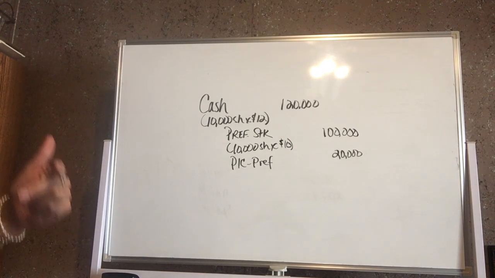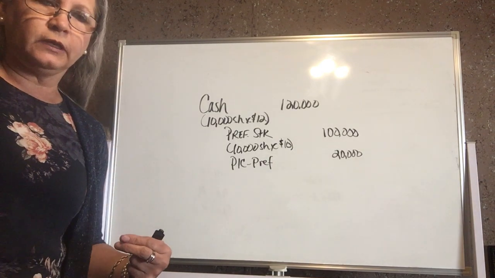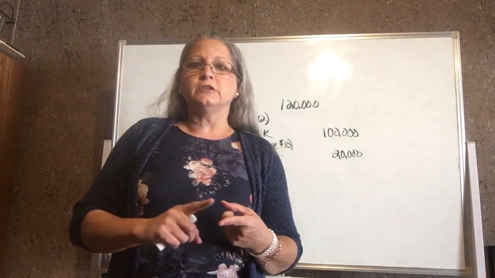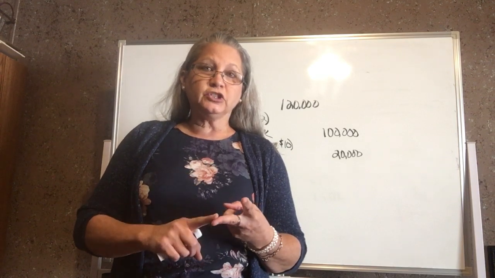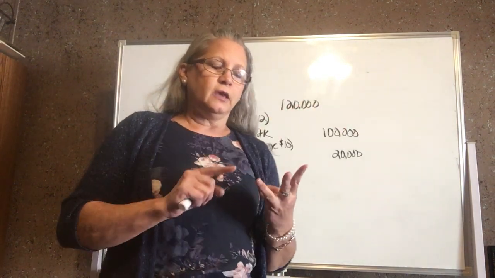The purchase of treasury stock decreases common stock outstanding. Okay, know that for the test. Because you are buying it back and holding it. Now we talked about authorized. Authorized is the number, according to the charter, that the corporation can sell. We talked about issued. Those are the numbers that have been sold. Now I've mentioned the word outstanding. Let me explain that to you. Authorized, how many the charter says you can sell. Issued means how many have been sold.